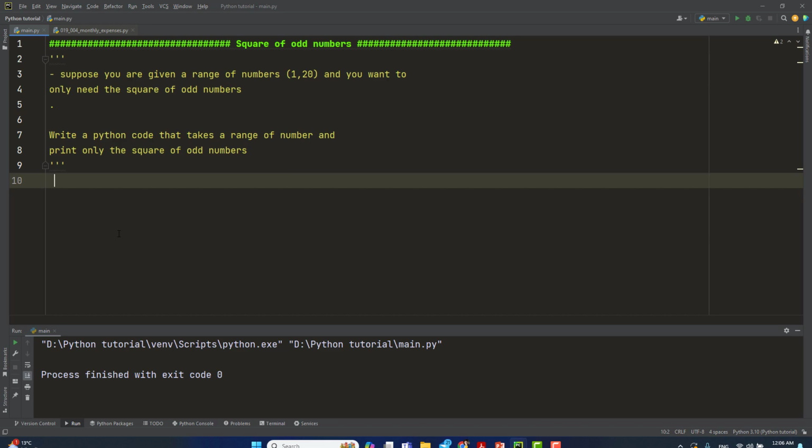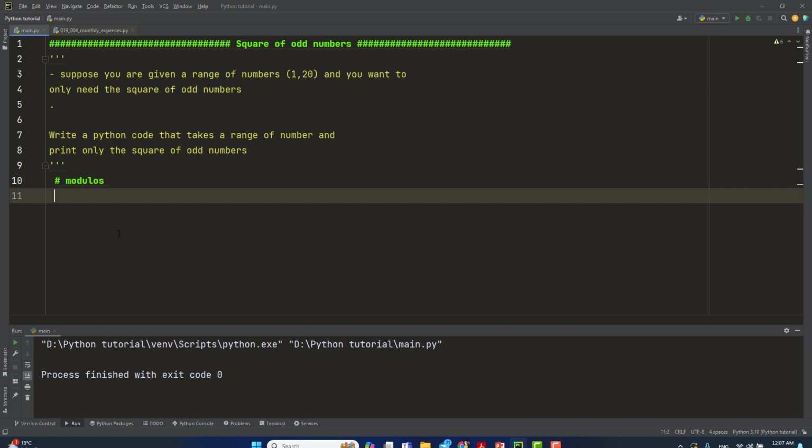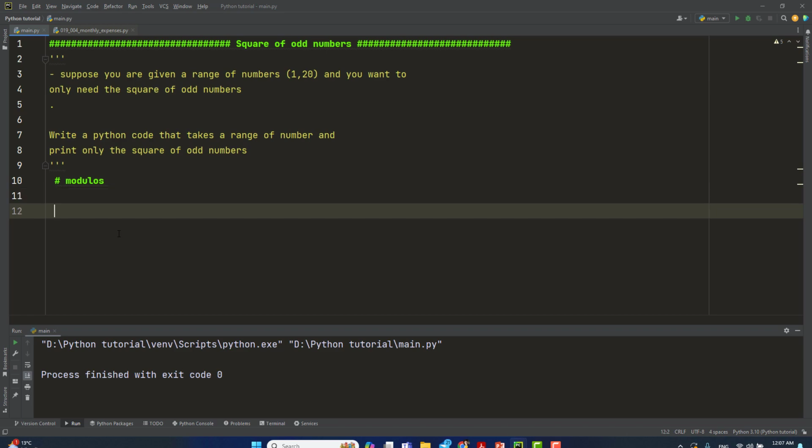We also learned together in mathematics and the math module what is called modulus. Okay, and this modulus is the remainder of the division. For example, think of this: we have 10. I can find the modulus of 10 over 3.